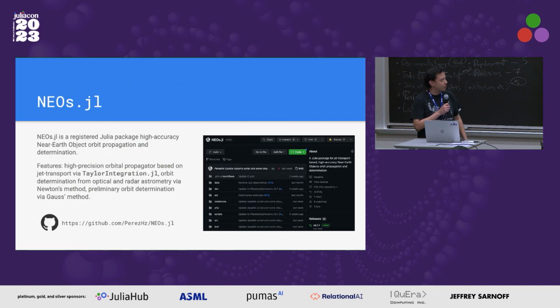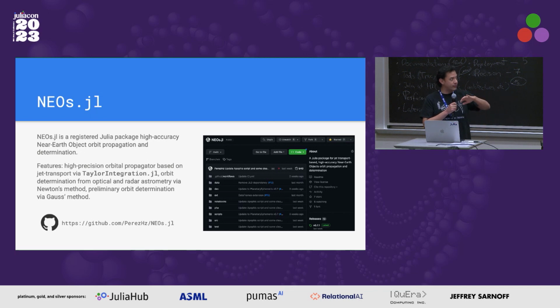So that's where our package enters, right? We developed this based on Taylor integration, which allows very high accuracy orbital propagation, and also allows us to do two Taylor series expansions simultaneously, which we call jet transport.